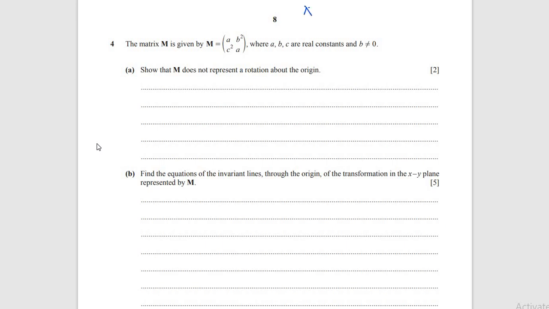This kind of question, we have a general formula for rotation. For anticlockwise, it is cos theta, minus sin theta, sin theta, cos theta. For clockwise, cos theta still remains the same, but the sin theta sign changes.